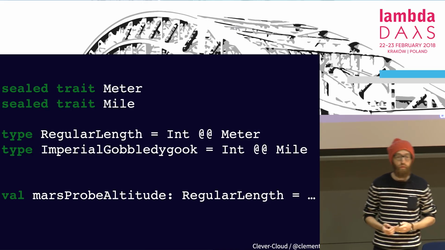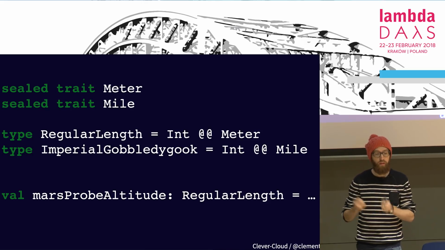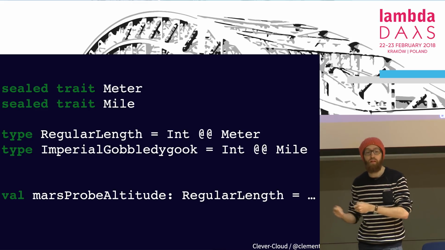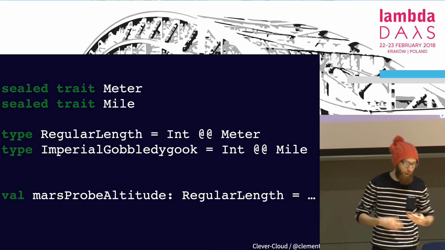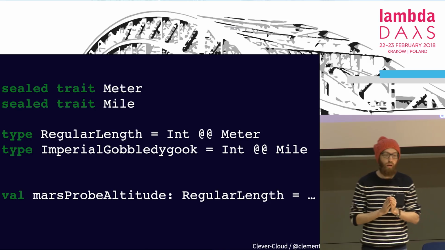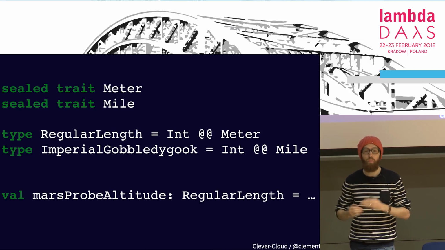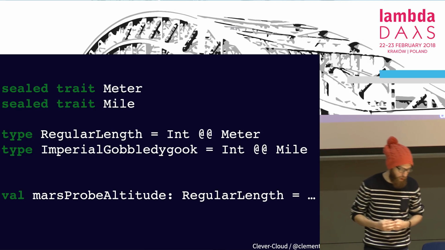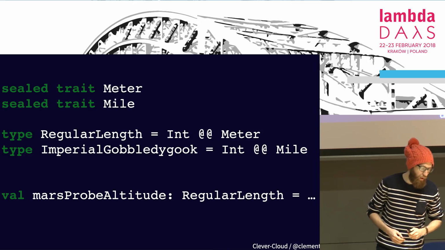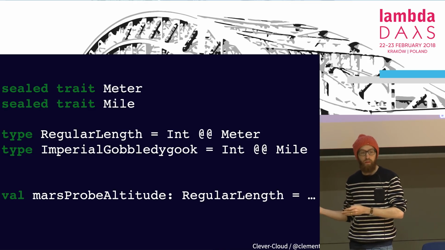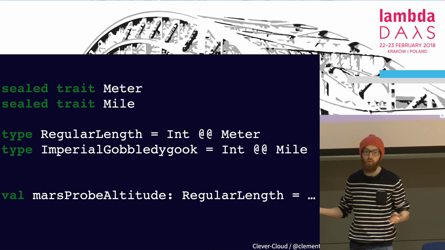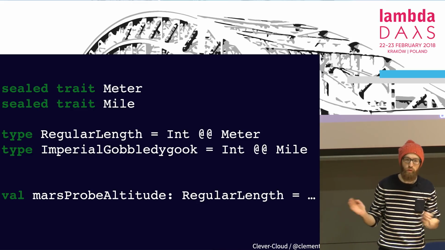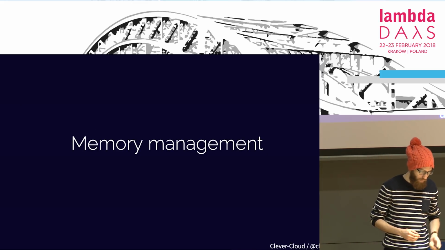So with tag types, you can tag a value and say it's an int representing a value in meters. And then the compiler will tell you if you try to mix it up without converting. So it's really useful. And as with newtype, it's erased at compilation. So it's a free check. At runtime, you don't pay any cost.